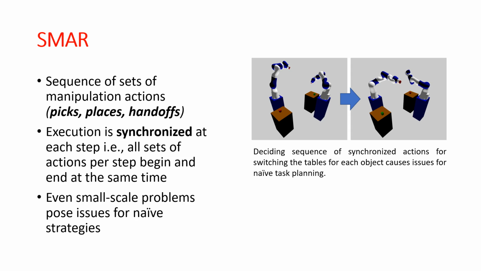And the validity of these actions depends upon the reachability of the manipulators and their corresponding pairwise interactions. Now, at what instance of time the robots can perform these actions is limited by our synchronization assumptions, which force these actions to be executed at synchronized time steps instead of any arbitrary instance of time.